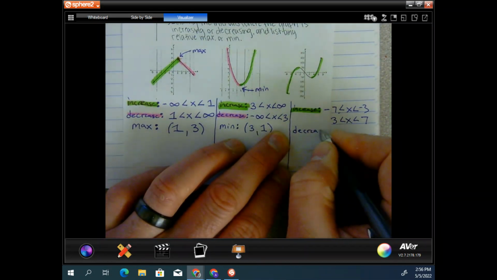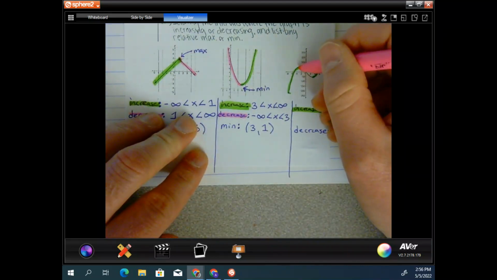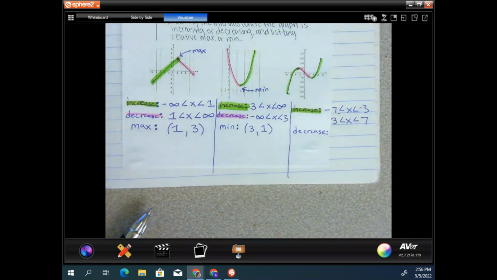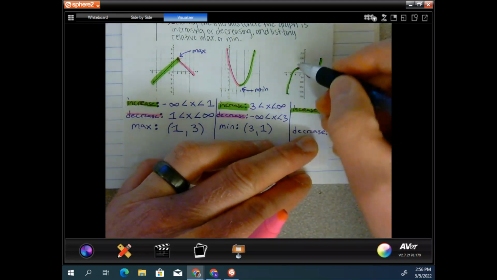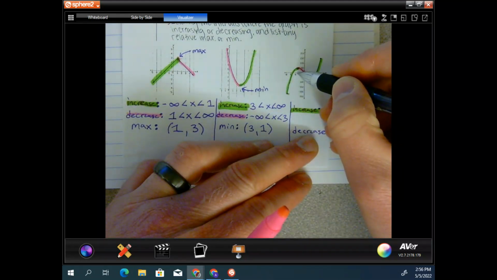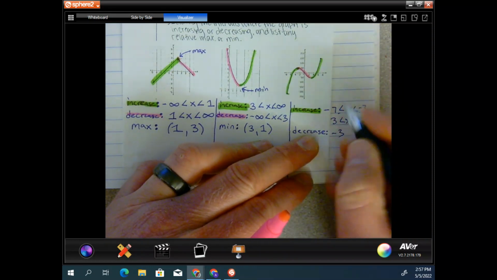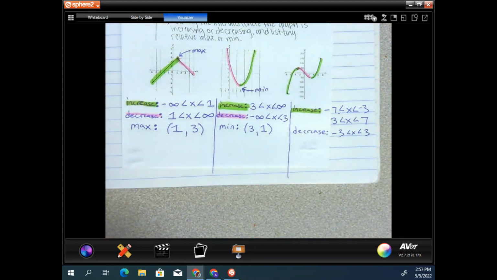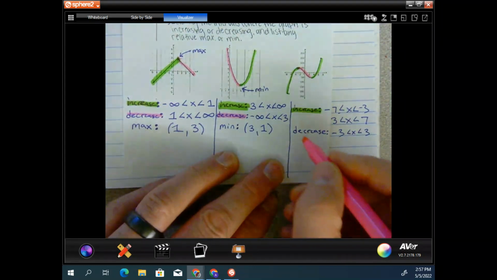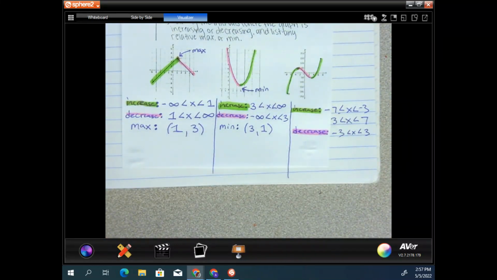Then I see it's decreasing right in between when it's increasing. It's decreasing from -3. Remember, right here on my wall, -3. It keeps decreasing until it gets to +3. So this is where it's decreasing.